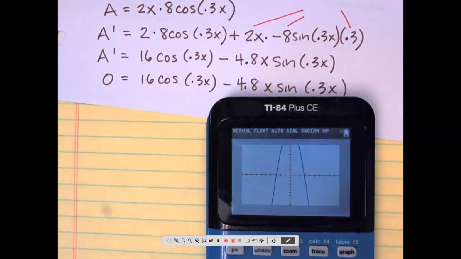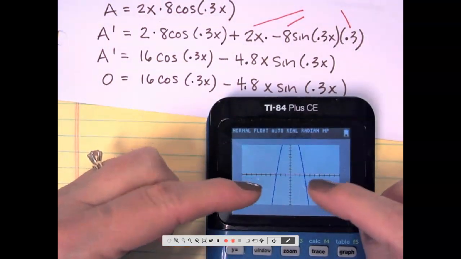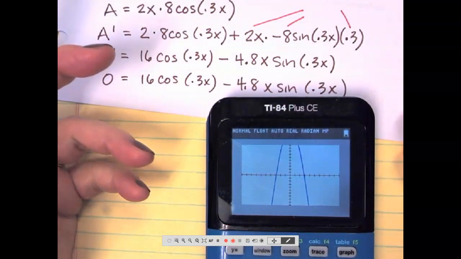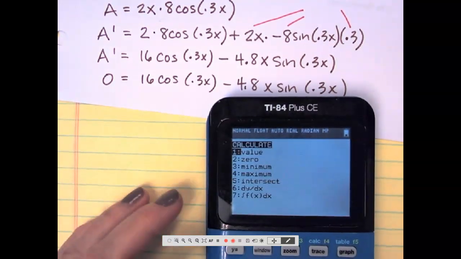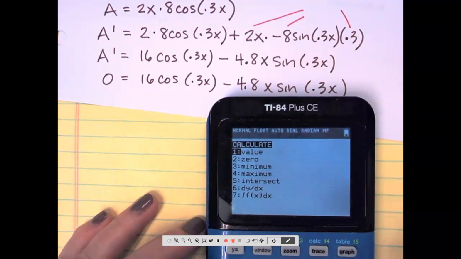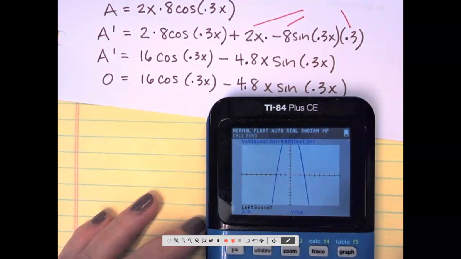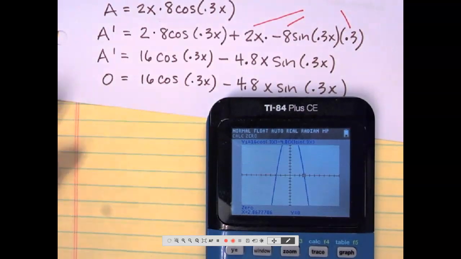Not what I was expecting, but okay. All right, so what is it we're looking for? Zeros. Clearly that's symmetric, right? So really I could find either one of them. Go to second, trace. That's your handy dandy calculate menu. I want zeros. And for these you have to do the left and right. So let's see, find that cursor. There it is. All right, that's left of it. That's right of it. 2.867.